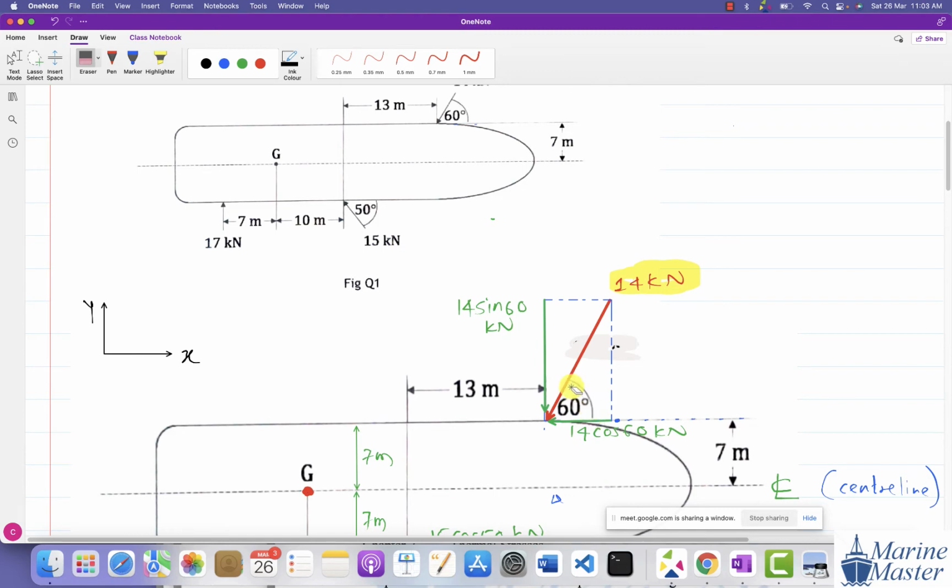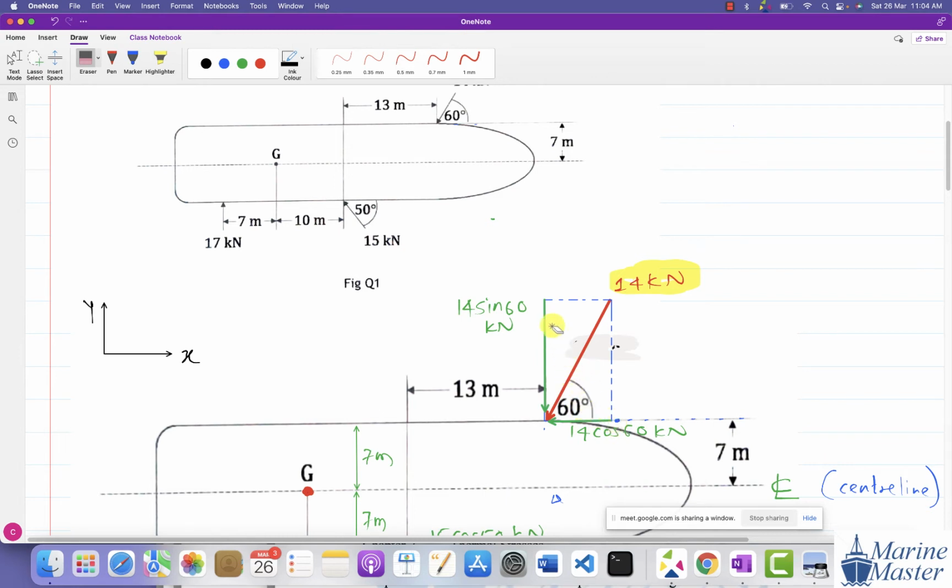It is making how much angle, sir? 60 degrees. So this 14 kilonewton will have two components, one component in the y direction and another in the x direction.